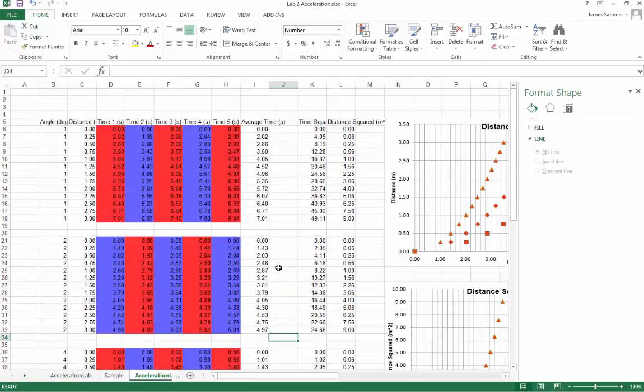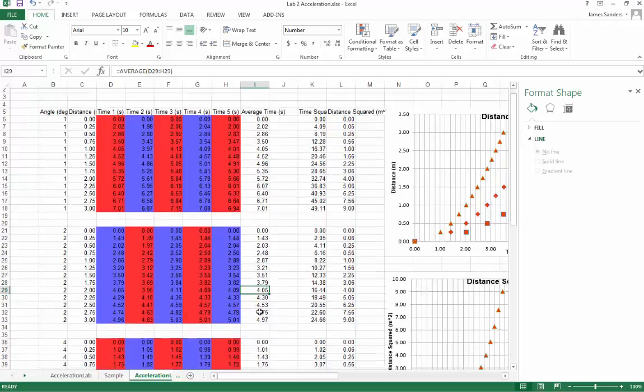If you've been doing this experiment even close to the way that my instructions told you to do it, you cannot blame this on having bad reaction time data, because even at 2 meters for ramp length, this took an entire second and almost 3/4 of a second longer than this one is.